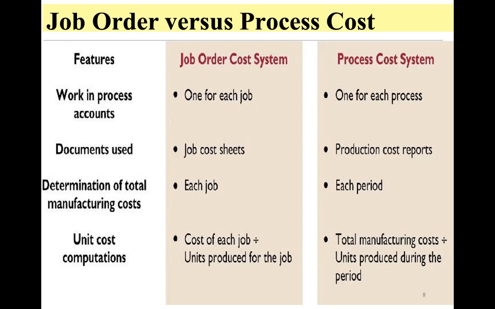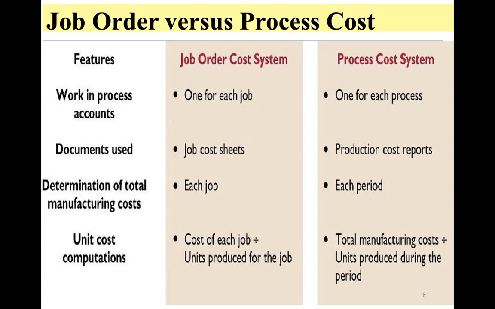Then determination of total manufacturing costs: in the job order cost system, we determine the total manufacturing cost for each job. In the process cost system, we determine the total manufacturing cost for that particular period, right?